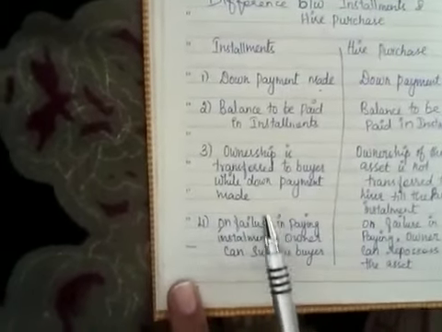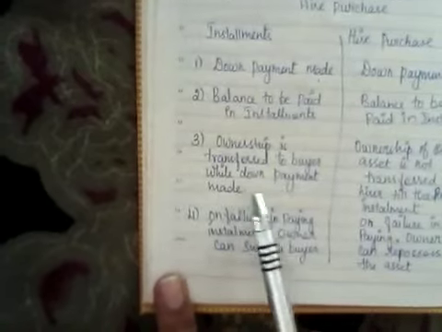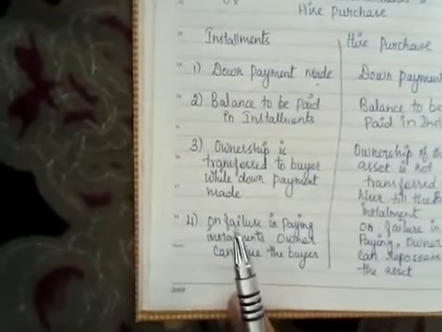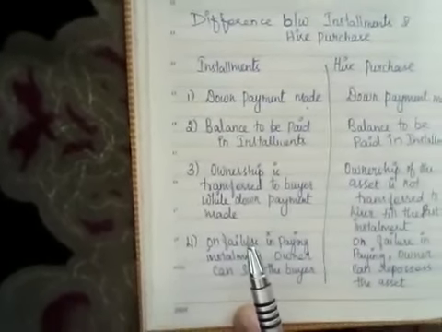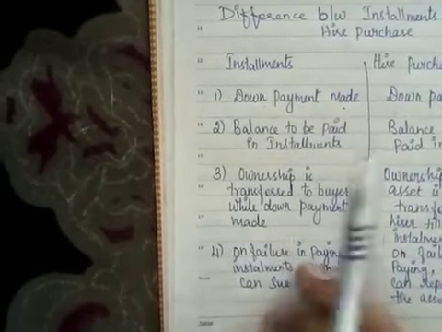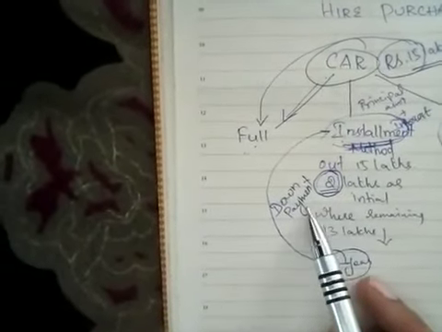The third point: ownership is transferred to the buyer when the down payment is made. Under the installment system, once you have paid the down payment, the ownership is transferred to the buyer. As I told you, out of 15 lakhs, 2 lakhs has been paid as a down payment.